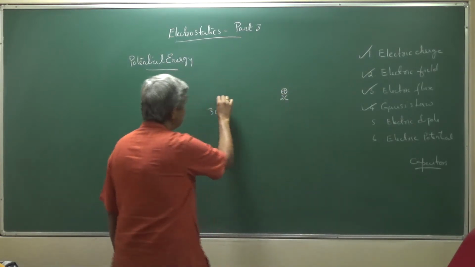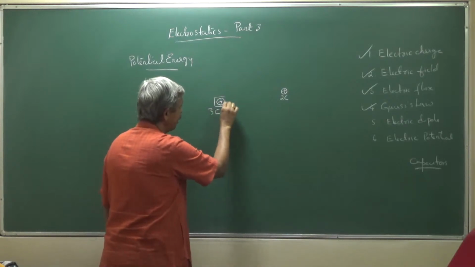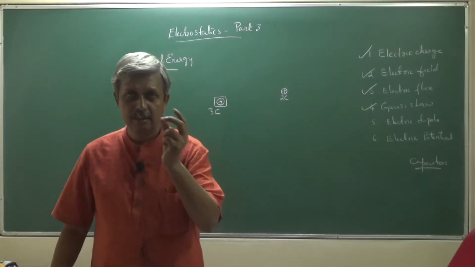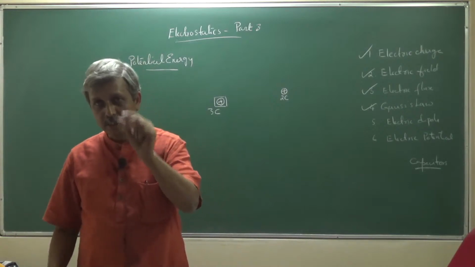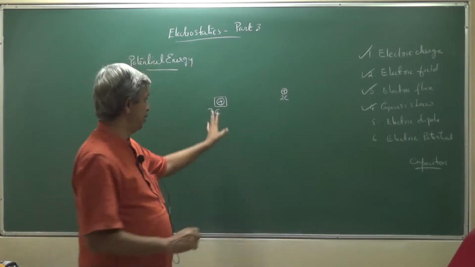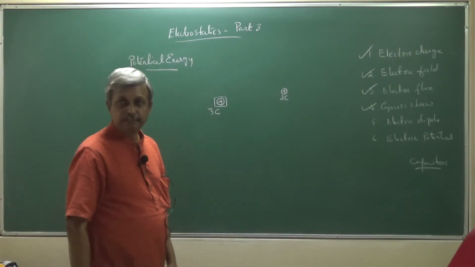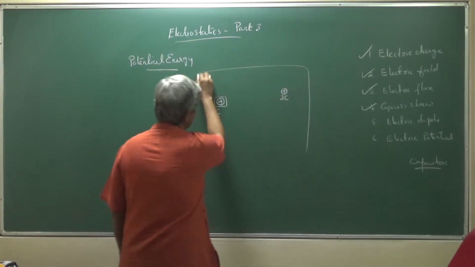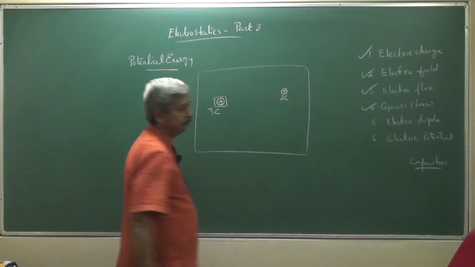Now this charge I will keep in such a way that it is fixed. I take that small charged ball and stick it somewhere. And this charge I will keep on the table somewhere. This is my table. I'll keep it here.